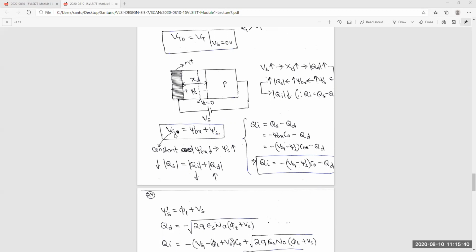Vg is equal to phi OX plus phi S. Though Vg is constant, phi OX decreases, and phi S, the surface potential, increases. I am wrong here, so I'll change that. Just one minute, I have made a mistake, I think.